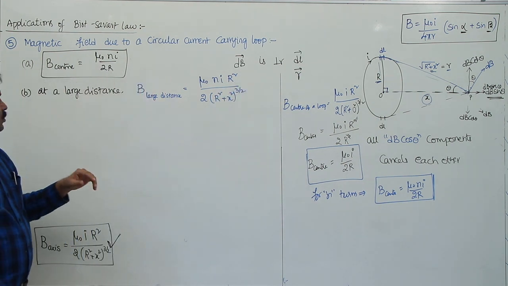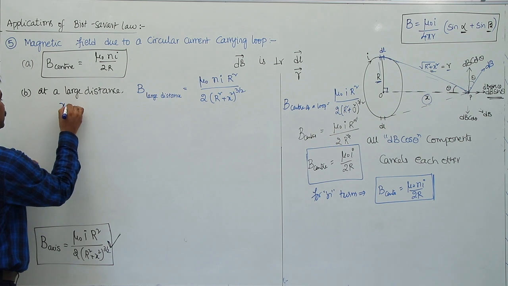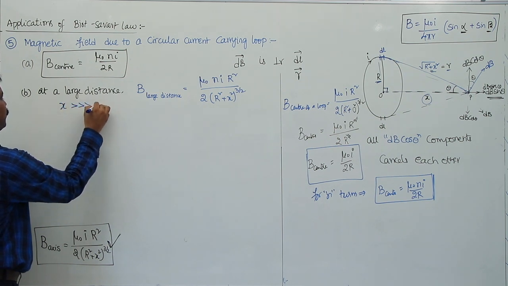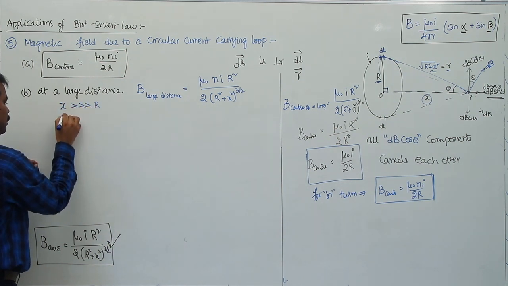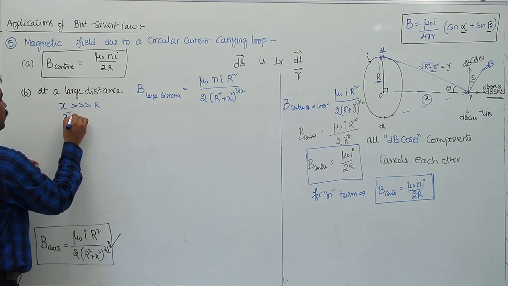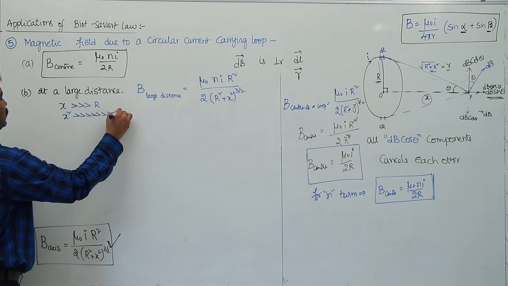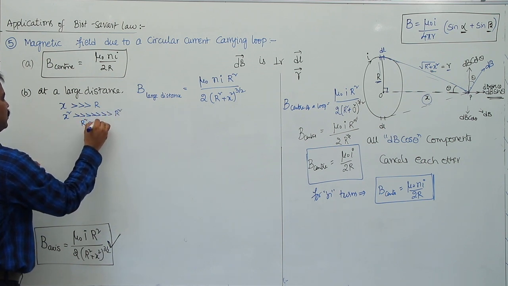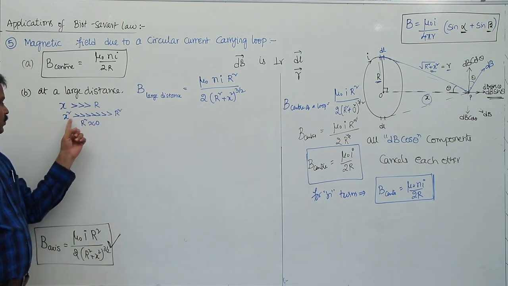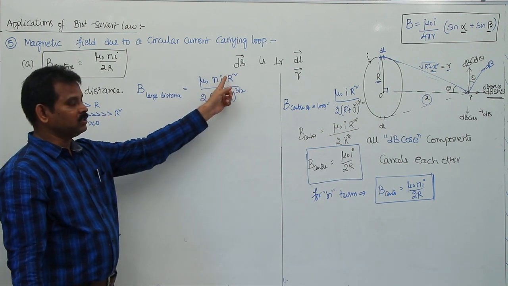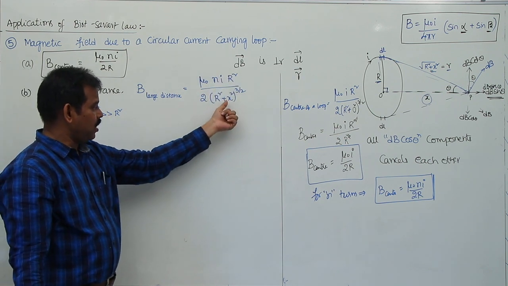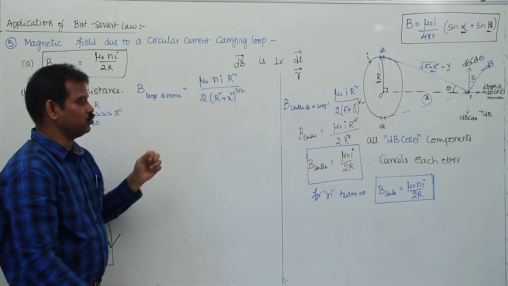When x is very large, large distance means x is much greater than capital R. So x square will be very, very high, and much larger than r square, so r square can be taken as 0 while adding it to x square. But in multiplication, r square remains as r square. While adding, r square is negligible, x square is too large.